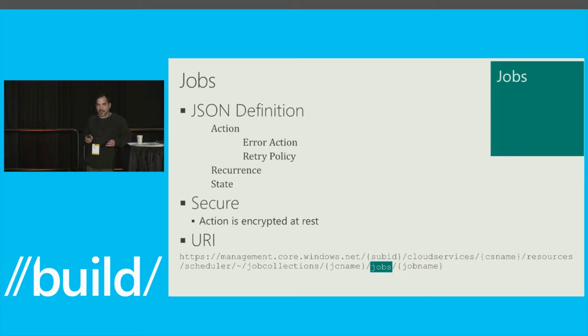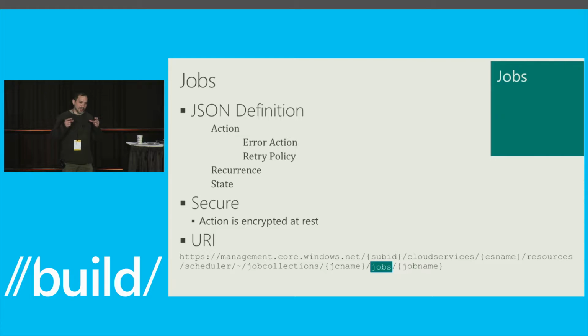I talked about that in job reliability. Of course, you want to supply a recurrence for that job. So is it once a day, once a minute? How long will it run for? Will it run 10 times or at the end of the month? And then a state. So you can create a job in the disabled state if you want, or by default, it gets created and it's enabled by default.